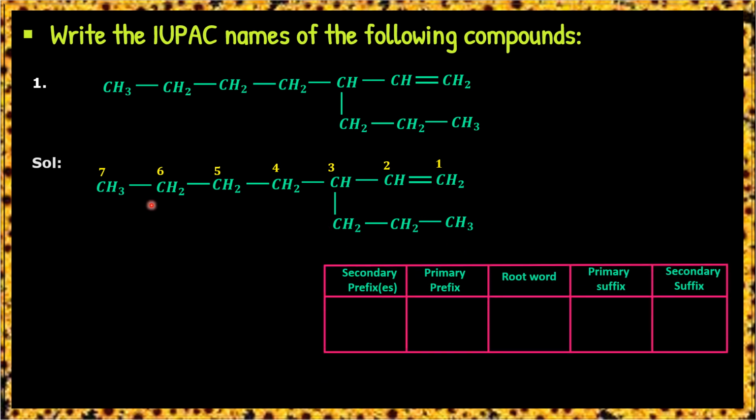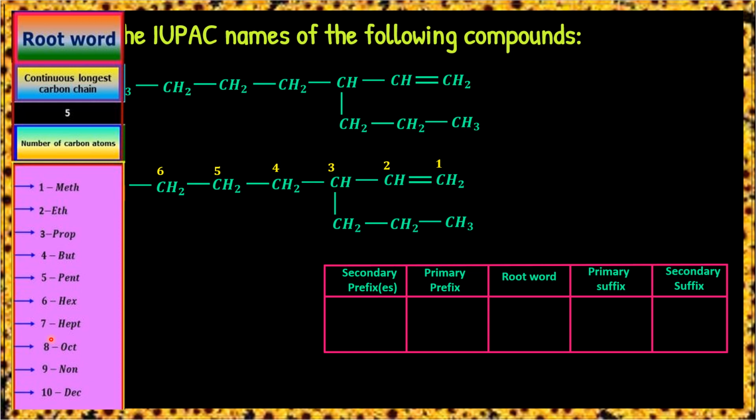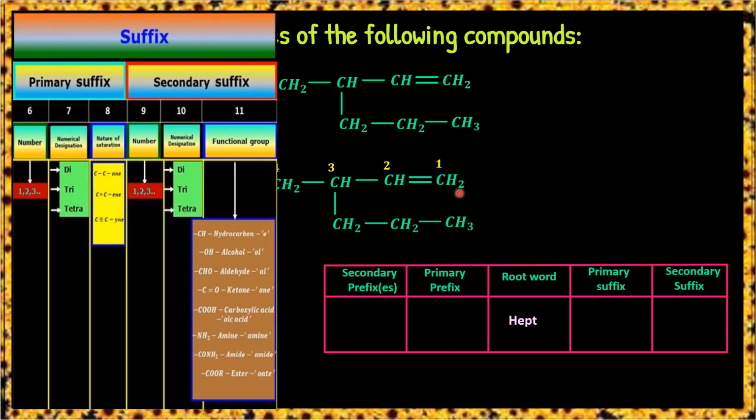So in this carbon chain, 7 carbon atoms are there. The root word is hept. The primary suffix indicates the nature of saturation. Because a double bond is there, we have to go for ene.